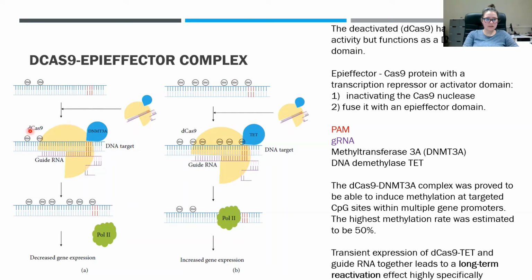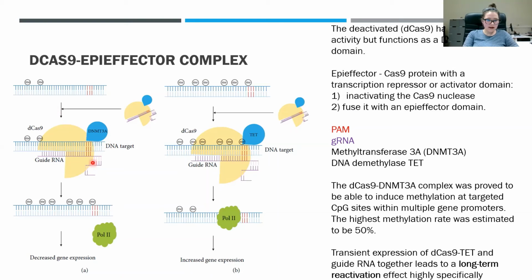Here we see the deactivated Cas9, and here you see the epi effector. They are fused, and it binds to the red PAM sequence, which is just after the target sequence we would cleave if we had a normal Cas9 protein.